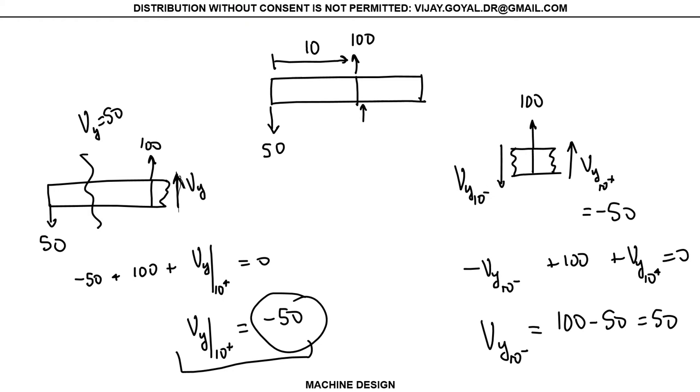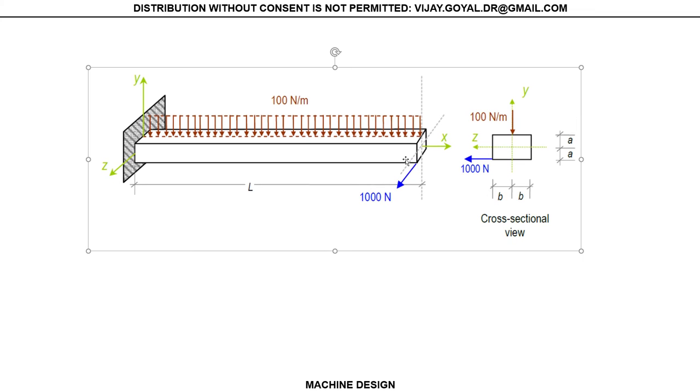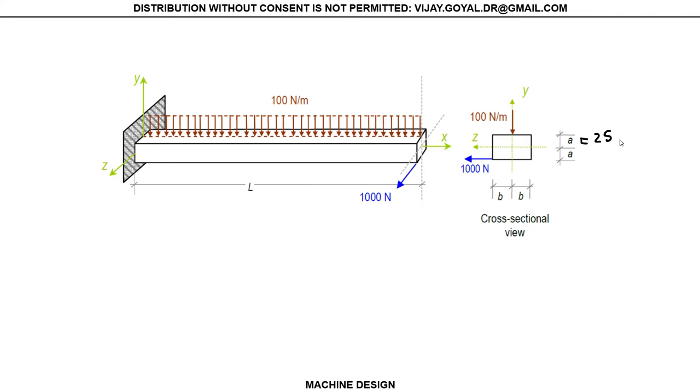so let's move on with an example. Let's consider this case. There is a problem in which somehow, after simplifying the problem, we can come up with this. These are the dimensions. In this problem, A is equal to 25 millimeters, your B is equal to 5 millimeters, and your L is equal to 1 meter.